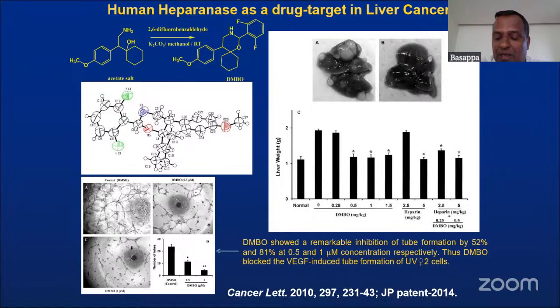We could see that metastatic nodules were relatively absent in the heparin- or DMBO-treated samples. This indicates that these compounds could have a role by showing anti-metastatic activity in mouse cancer cells, and they were catalytically active in vitro and in vivo. Through this model, we have demonstrated that this compound is active against heparinase.